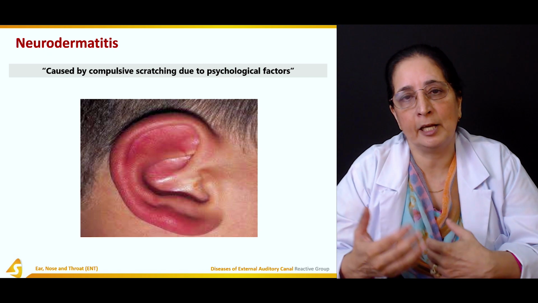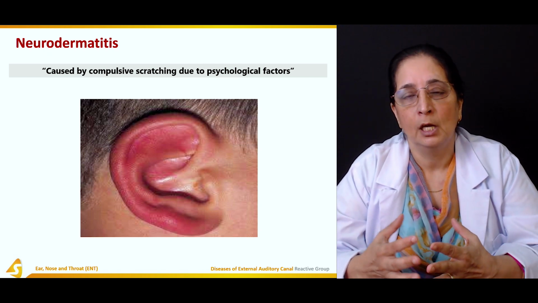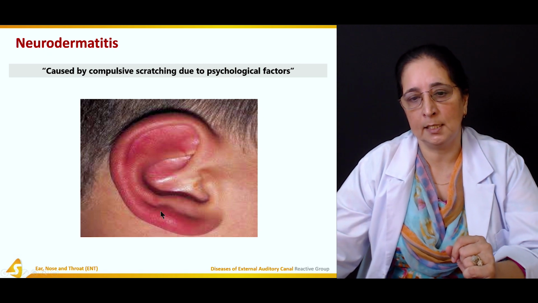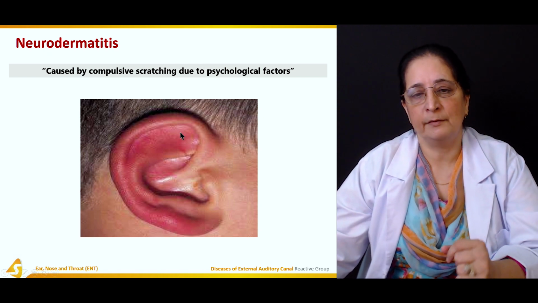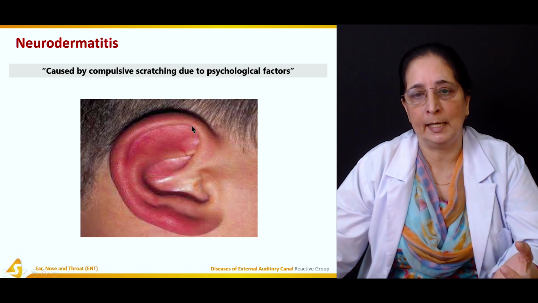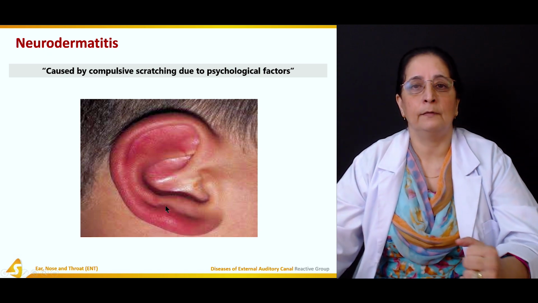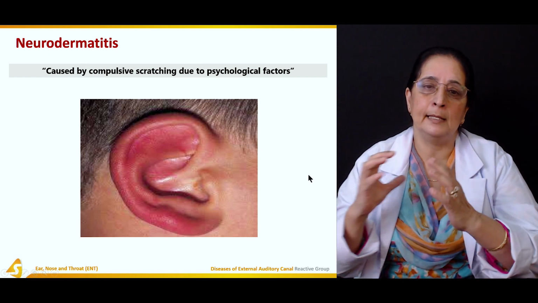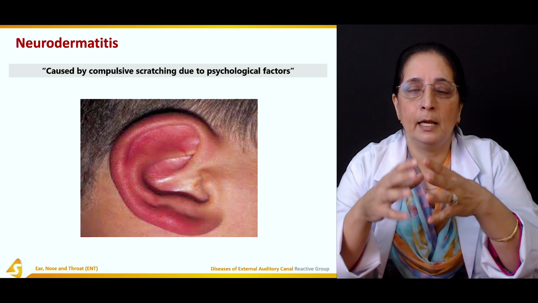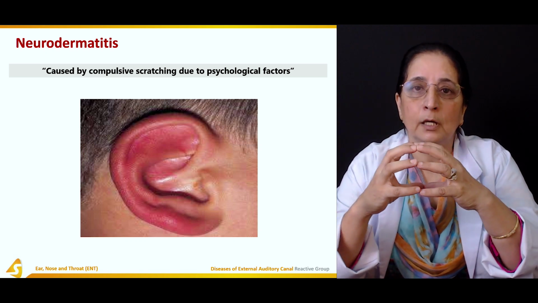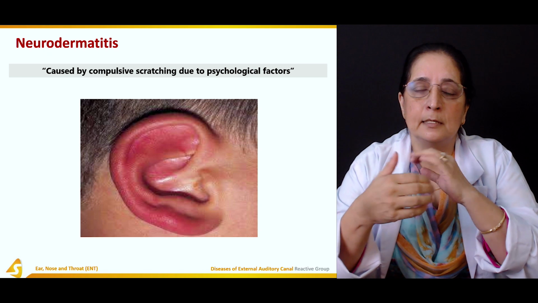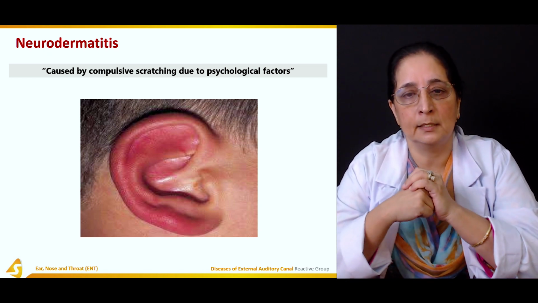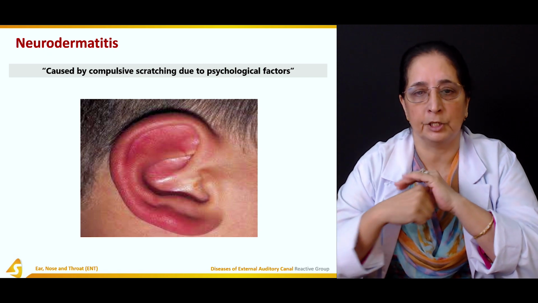This scratching can lead to damage, and when it affects the ear, you can see in this picture there is very bad redness and swelling as a result of compulsive scratching. So neurodermatitis involves the skin, and there are bad patches on the skin as a result of constant itching, and the patient cannot stop this compulsive scratching.